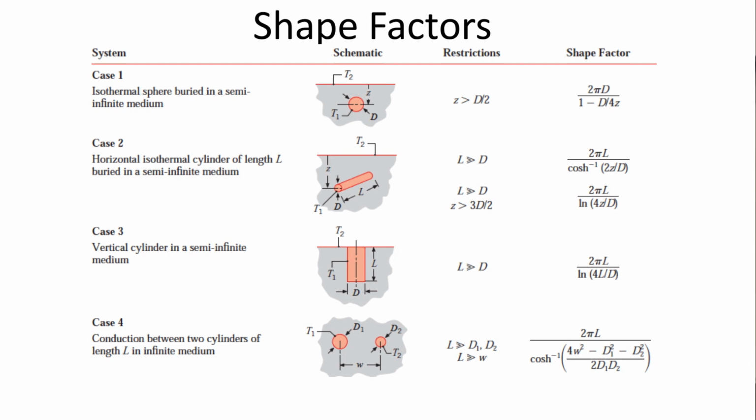A sphere buried in a semi-infinite medium, horizontal cylinder, isothermal cylinder, right? All these cases. And they say, okay, for all these cases, there is a shape factor. You put it here, you got your resistance. And now rock and roll. Now you know everything else, because you know how to deal with resistances.